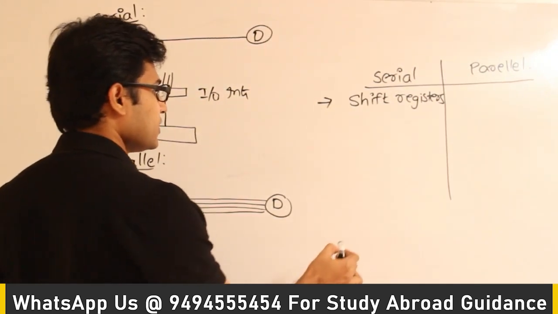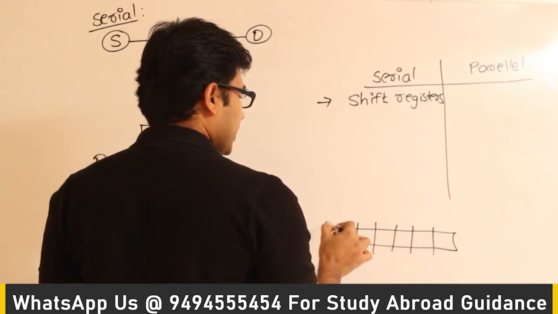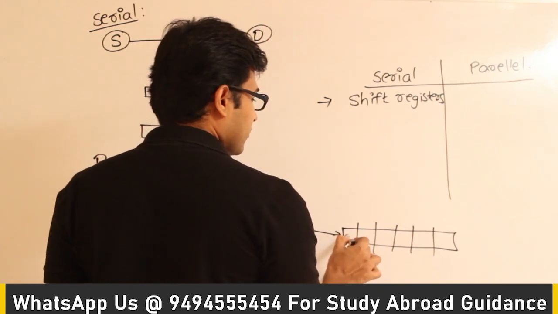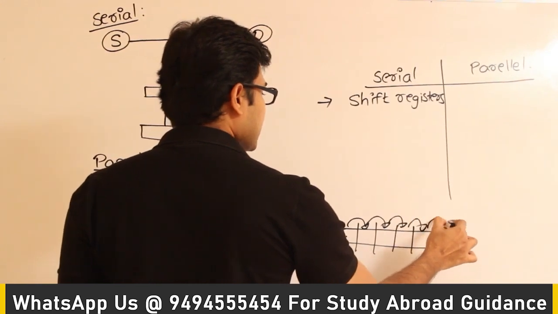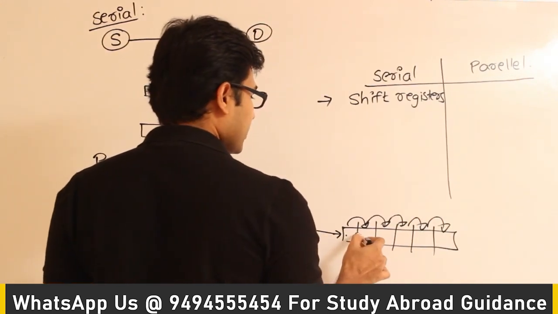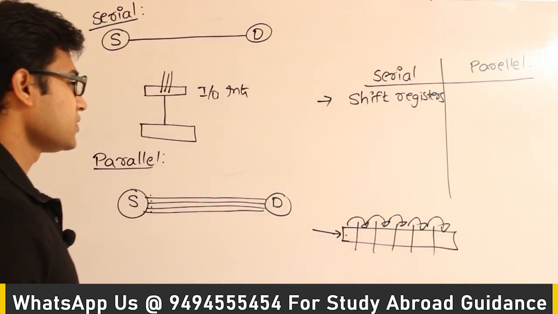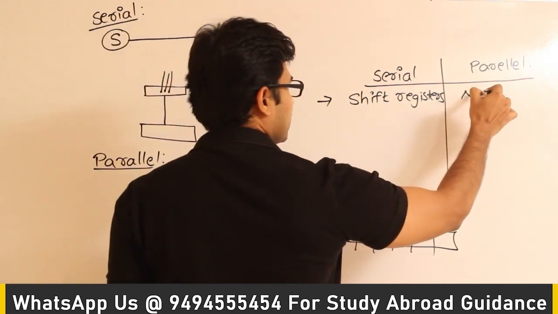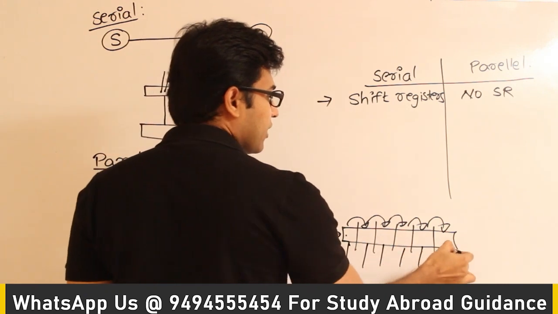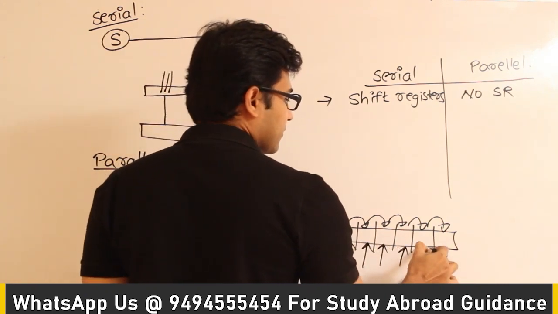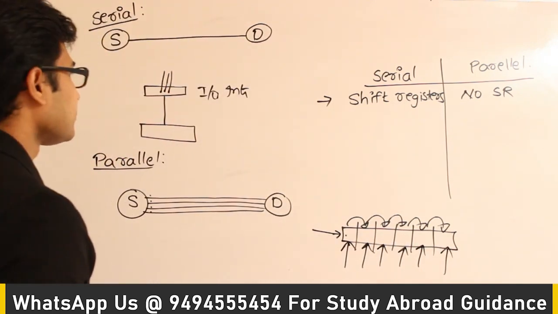The advantage of a shift register is that, if you have a register which is a collection of flip-flops, you can give the data from one side and keep shifting it, so that serial data can be given one by one and the entire data is then stored inside the register. So shift registers are required for serial, but not for parallel, because you can directly give the data to all the registers in parallel.